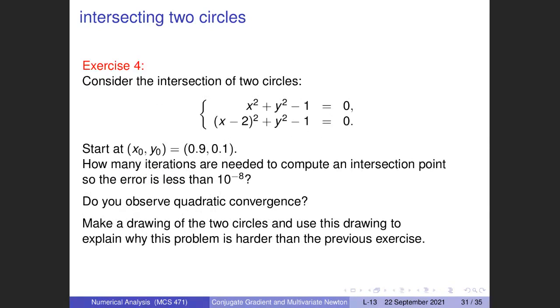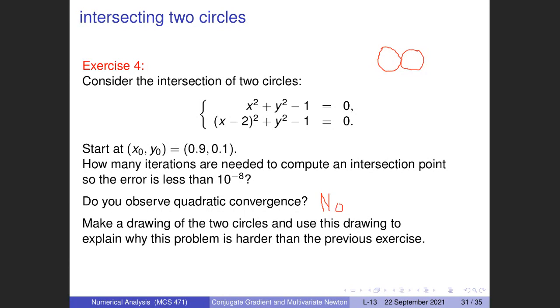The next problem is a lot harder. So we have circles, so I should actually make a plot. You have one unit circle centered at the origin, and then you see that the other circle is centered at 2 and also has radius 1. So these are two touching circles, and the answer will actually here be no. You will not observe quadratic convergence.